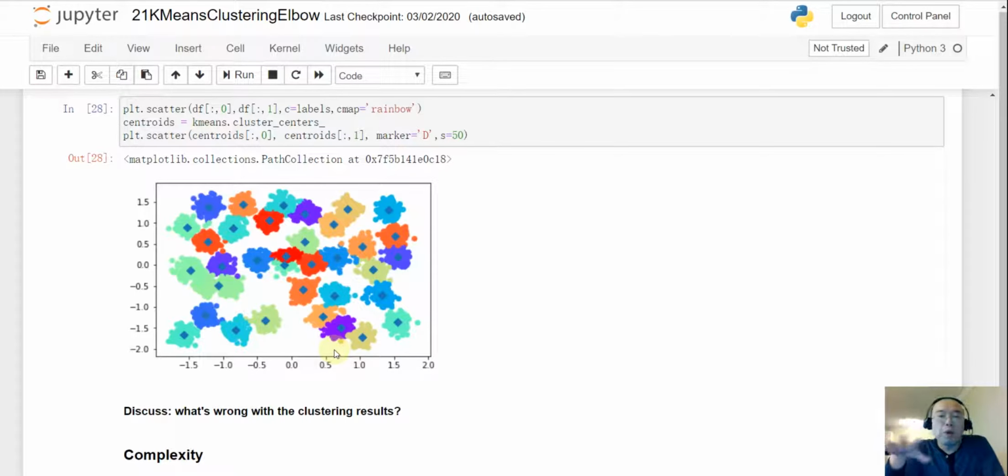We don't worry about that too much because later we rely on the majority of the samples in a cluster to drag one of the centroids to the middle of that cluster. However, when there are so many clusters, this is not that reliable. So here two centroids share one cluster, and here two clusters share only one centroid.